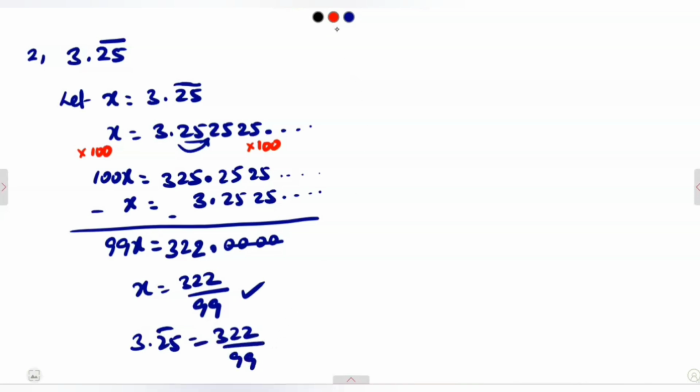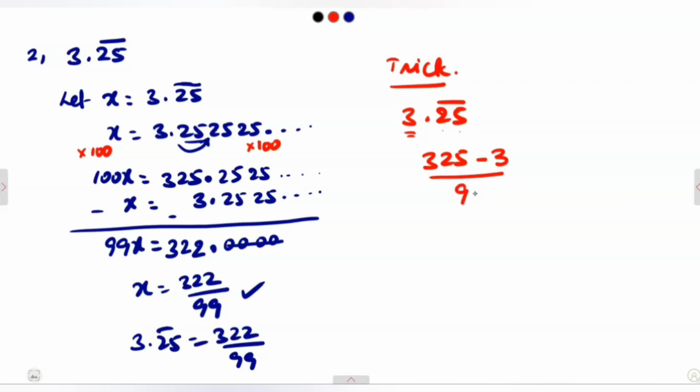Let us see the trick for this, directly writing without doing the whole process. If the number is like 3.25 bar, write the whole number without the decimal as the numerator, 325, and subtract the number that is not repeating before the decimal, which is 3. In the denominator, for every digit repeating, write a 9.